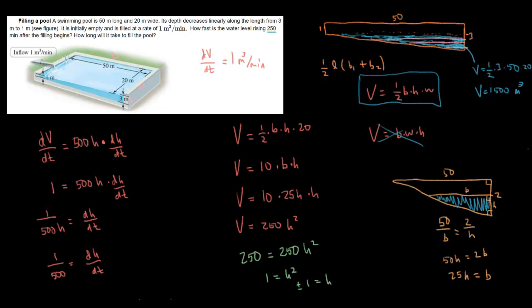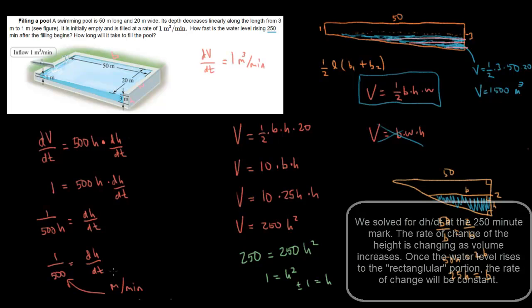Let's not forget to label. dH/dt is just a linear distance, so that's meters per minute. So the pool is rising at a rate of 1 divided by 500 meters per minute.